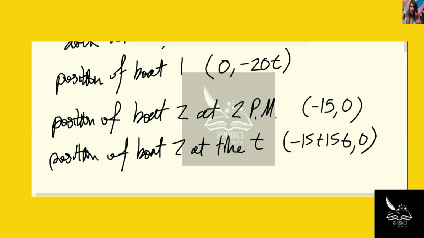Now, since we know the positions of both boats at any time, we can use the distance between two points rule to write a function of the distance between these two boats.